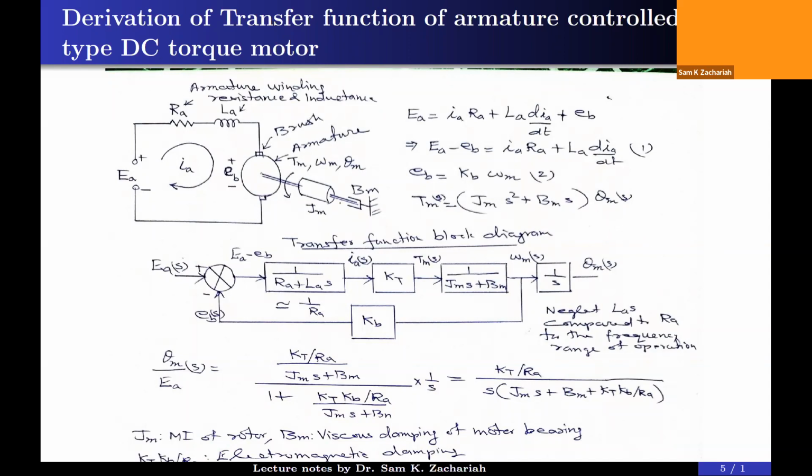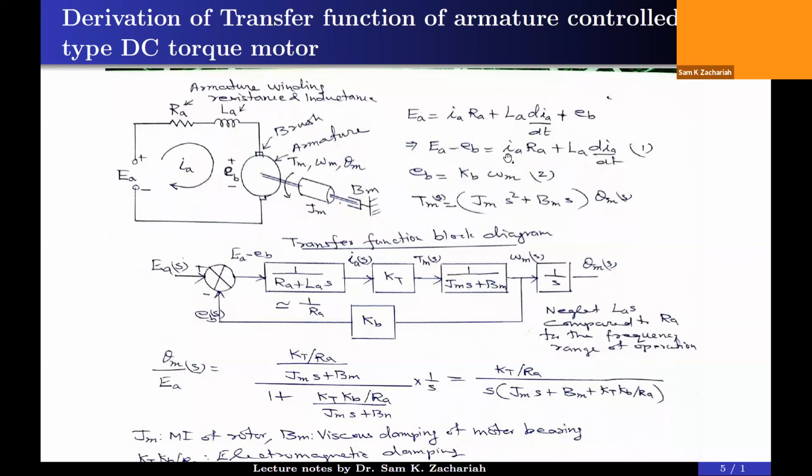Now, we have studied block diagram algebra. These equations can be fully represented like a diagram shown here. A pictorial visualization always gives a better understanding. Here, EA minus EB is coming here.